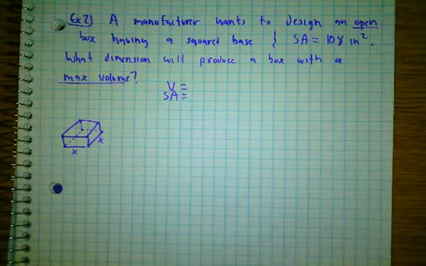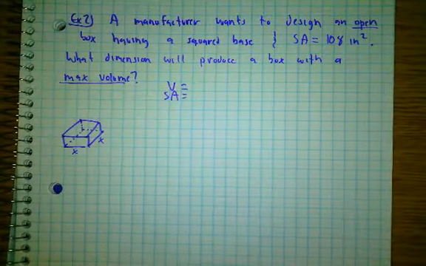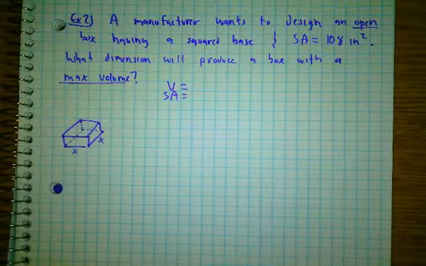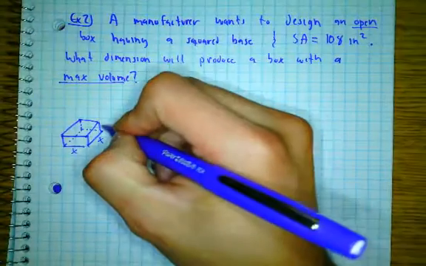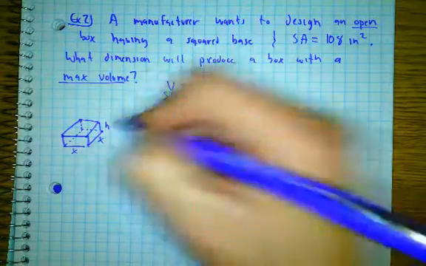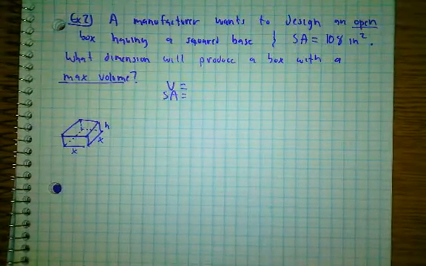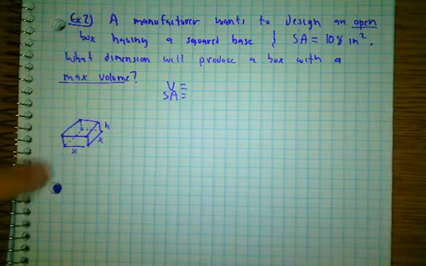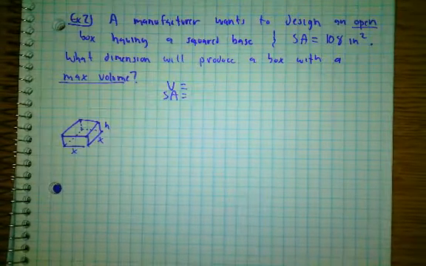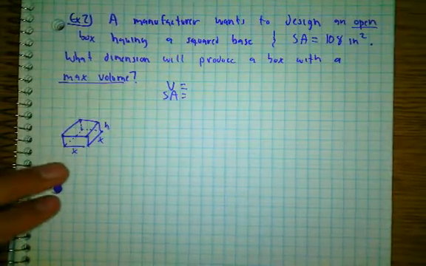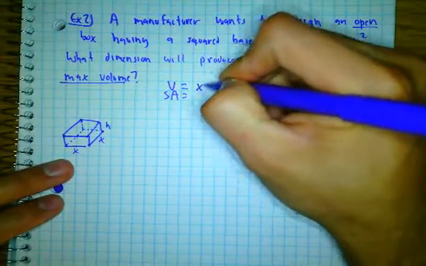So are we okay with calling it h, that's fine, for height. Cool? Alright. Using that diagram, what will be the equation for the volume? X squared h. Agreed? Because the volume of a rectangular prism is length times width times height.